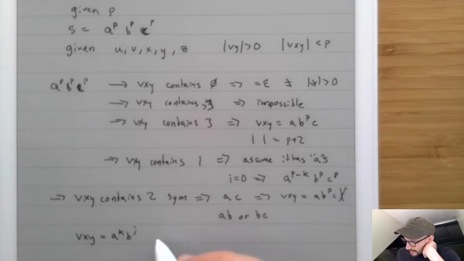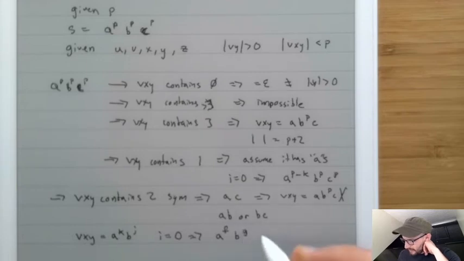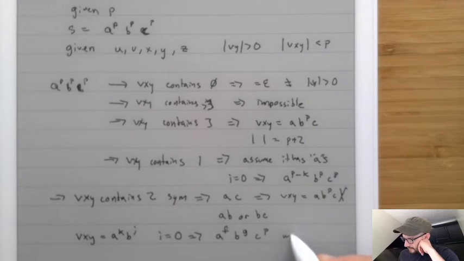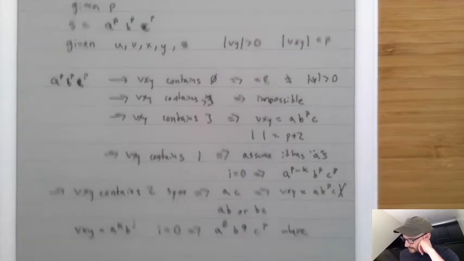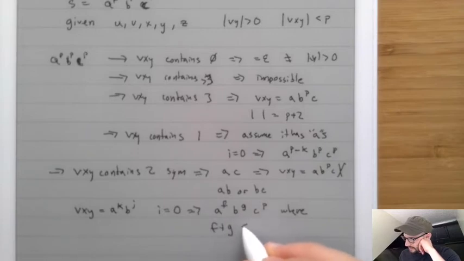What's going to happen is that we are going to set I equal to 0. If we set I equal to 0, then that means that we are going to get A^F, B^G, and C^P, where F plus G is going to be less than 2P.